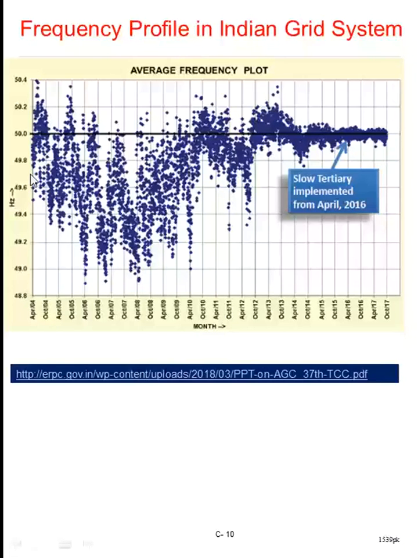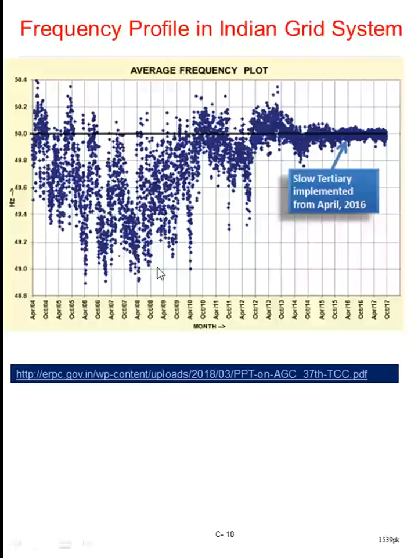So in the Indian grid system, this is your desired frequency, 50 hertz. And you can see that during the period 2004, April, October, at regular months, we have what were the changes. In fact, these are the mean values, you can say the average value of the months, that is being given here in the figure.